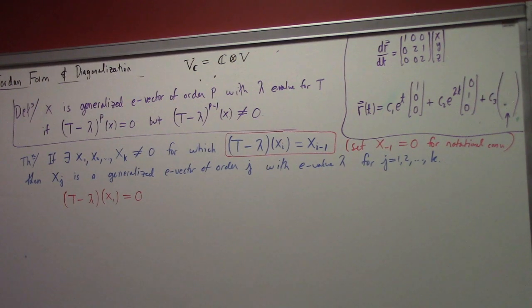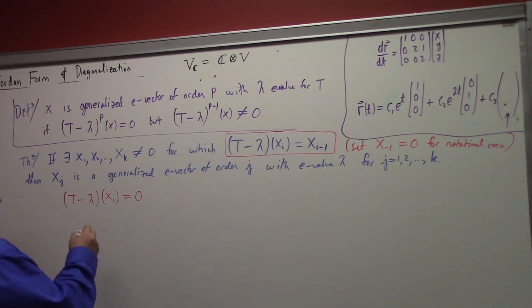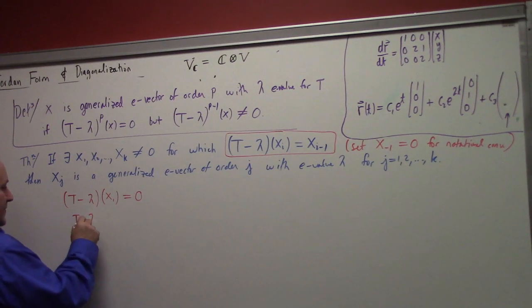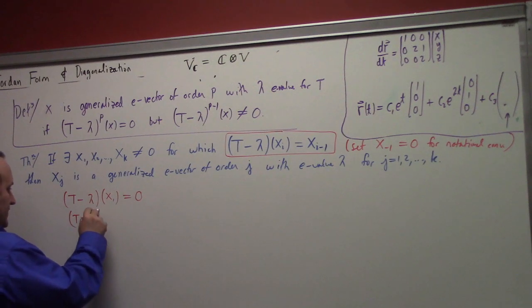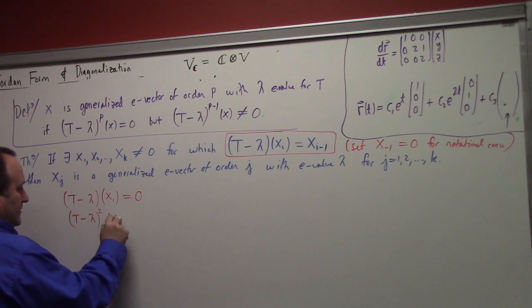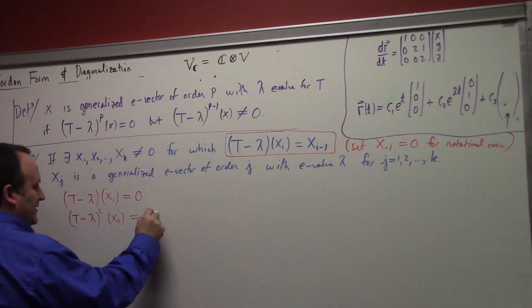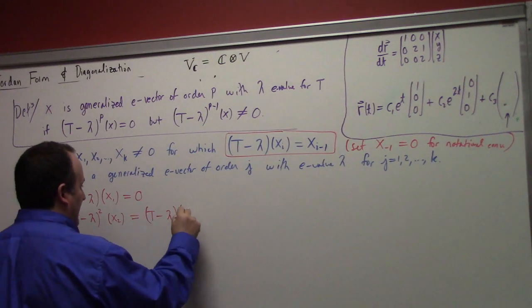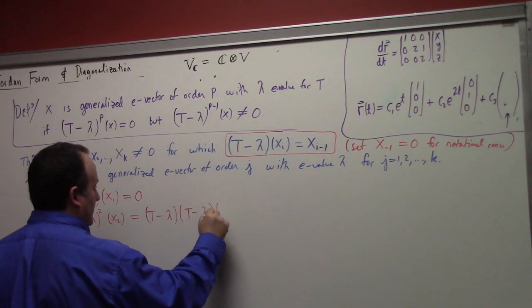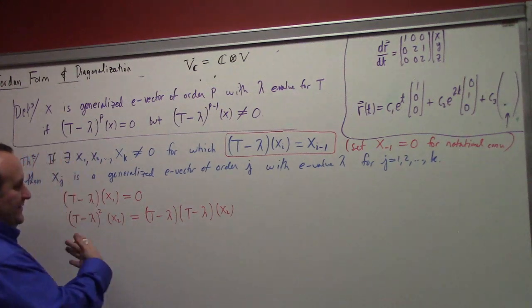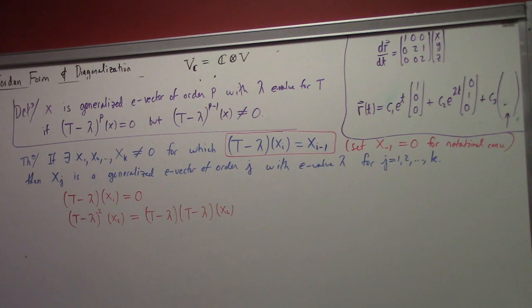All right. So that, of course, makes it an eigenvalue, which makes it a generalized eigenvector with eigenvalue 1. Consider (T − λ)² acting on x2. Well, that's (T − λ) acting on (T − λ) of x2. That's the definition of squaring an operator. It's function composition, right?